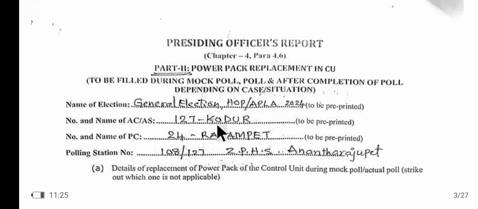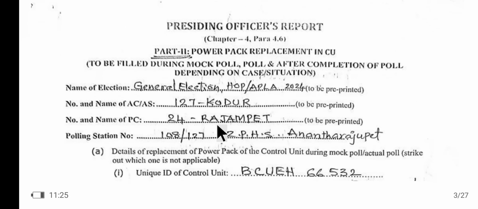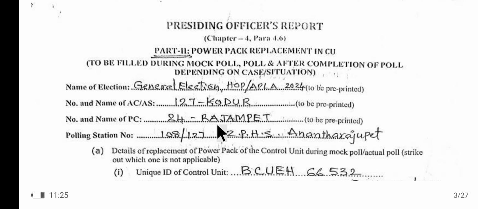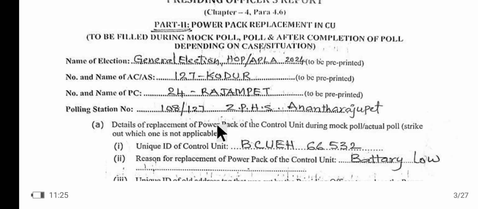Now let's go to the presiding officer's report, which part 2 titled power pack replacement in CU. So this case does not arise if it is really essential, and if you have gone for replacing of the power pack, then we need to fill in this information.